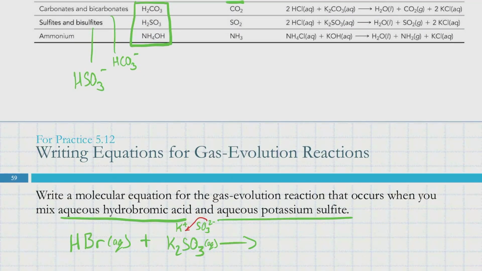And we would take a look at, well, what happens with sulfites and bisulfites. Similar to our carbonates, which produce CO2, our sulfites produce SO2. So we're going to get some H2O that forms, some water.